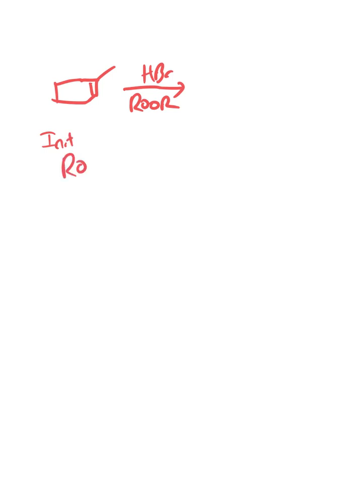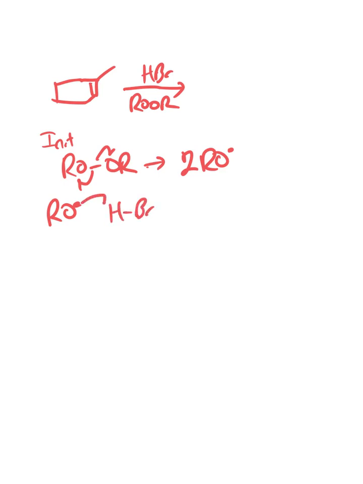So the peroxide is going to homolytically cleave to form two RO radicals. That RO radical, in the first propagation step, can only react with, or the most reactive thing it can react with, is HBr. So it's going to abstract a hydrogen off of the HBr to form ROH along with the bromine radical.